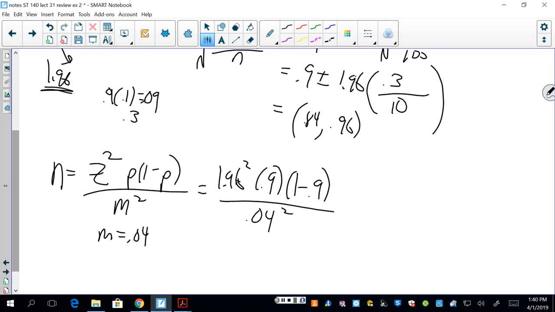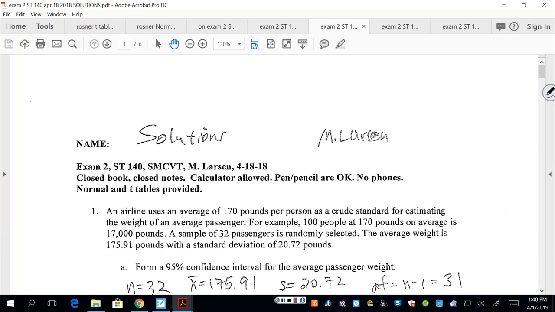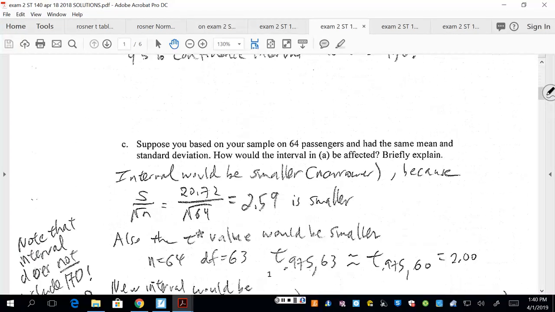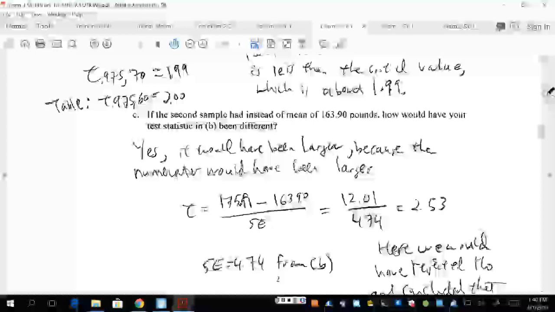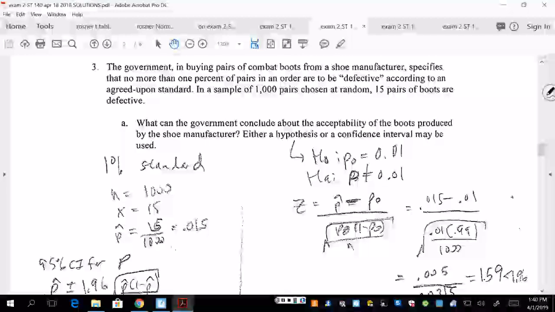Let me show everybody this thing. So page 3. This is government buying combat boots, and they have to have less than 1% of the pairs defective to qualify as a good shipment.